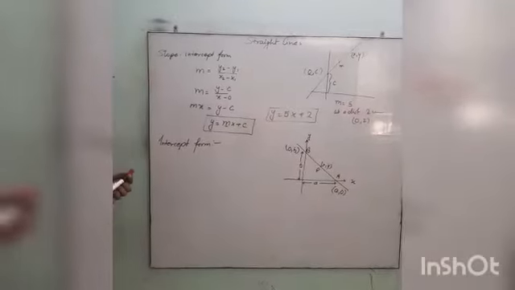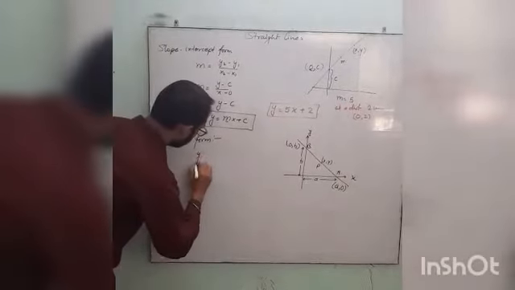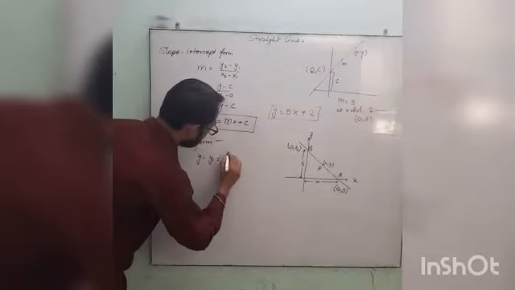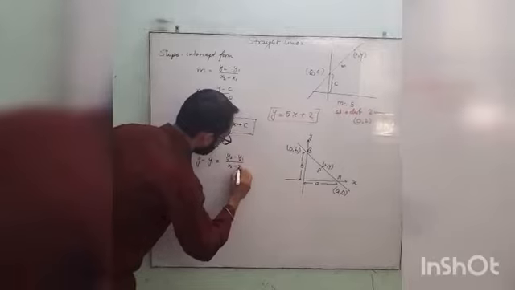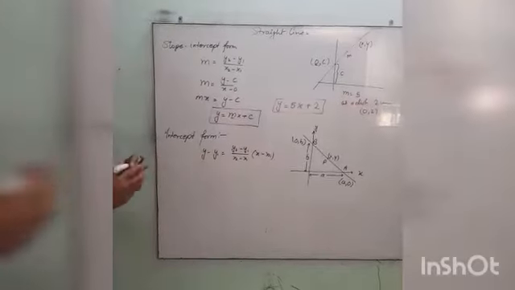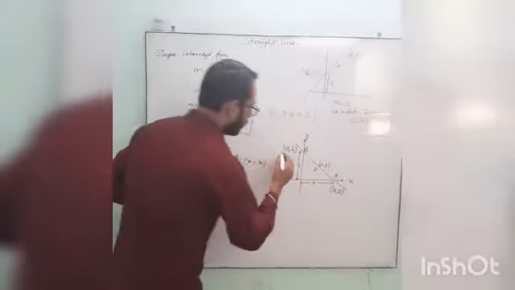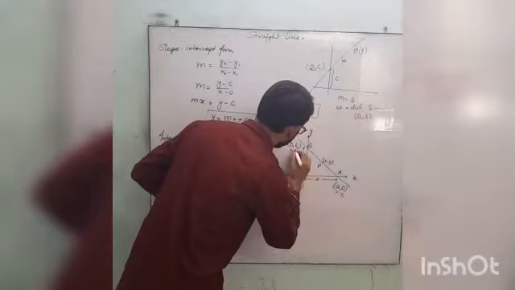So using the two points condition, I am going to make the equation of the line passing through two points: y minus y1 is equal to (y2 minus y1) upon (x2 minus x1) times (x minus x1). I could say x1, y1, x2, y2.